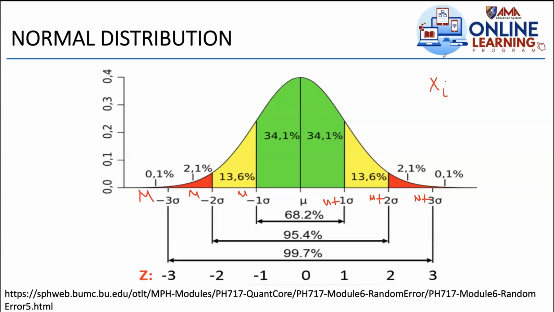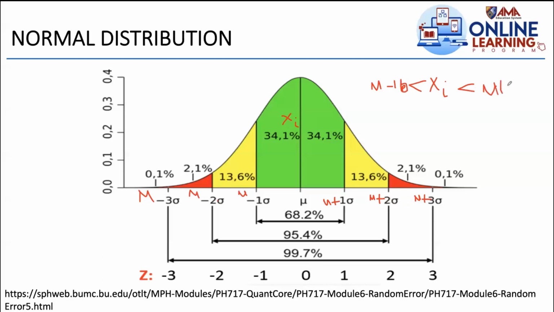If your x sub i are inside the green portion, here or there, as long as inside the green, then we can say that these data values located in the green shaded area can be greater than mu minus 1 standard deviation, but less than mu plus 1 standard deviation.